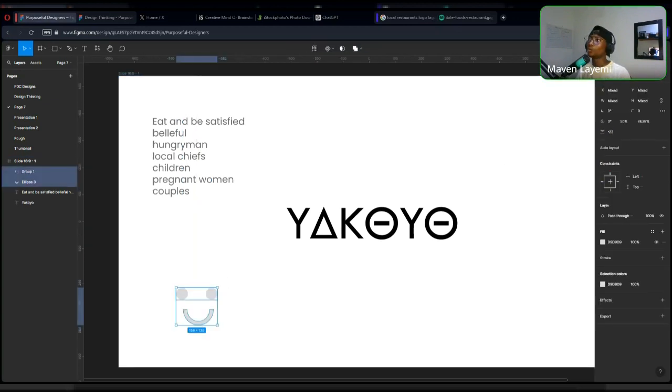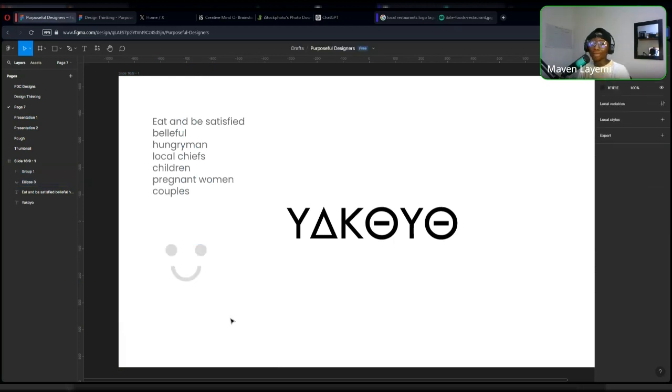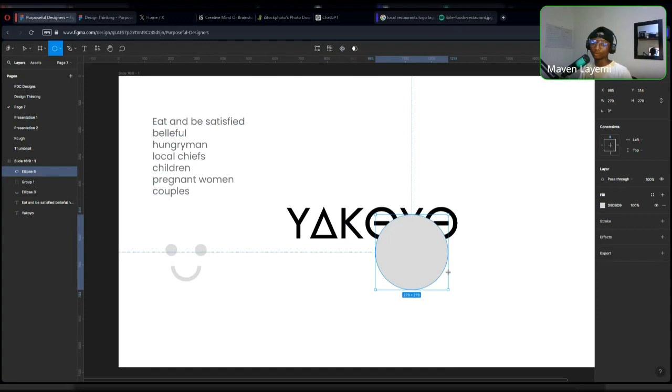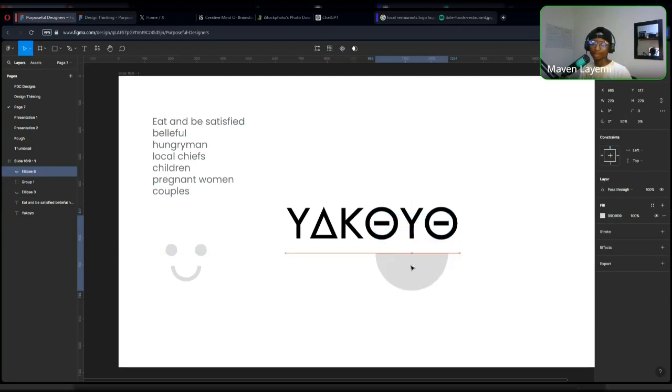So when you think of putting a smile on people's face, this is it, right? With the help of the typeface that I chose, it's giving me this smiley face that I have here. Looking at this double O, and then the Y in between, I can just say, sorry, I'm not teaching us how to design. We are just treating design thinking.